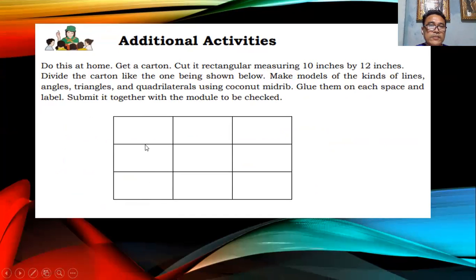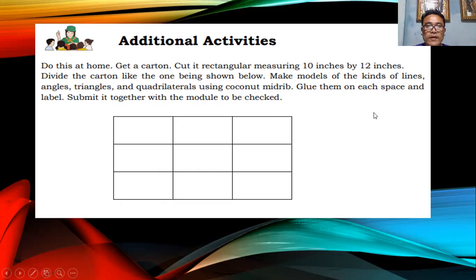Okay, this is your assignment or additional activities. So do this at home. Get a carton, cut it rectangular, measuring 10 inches by 12 inches. Divide the carton like the one being shown below.